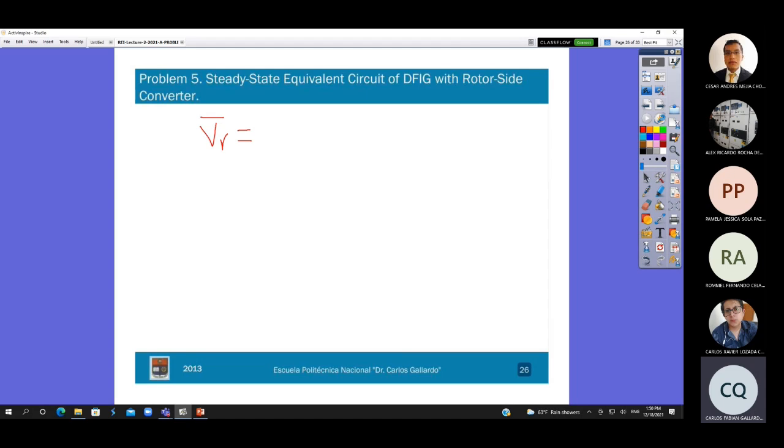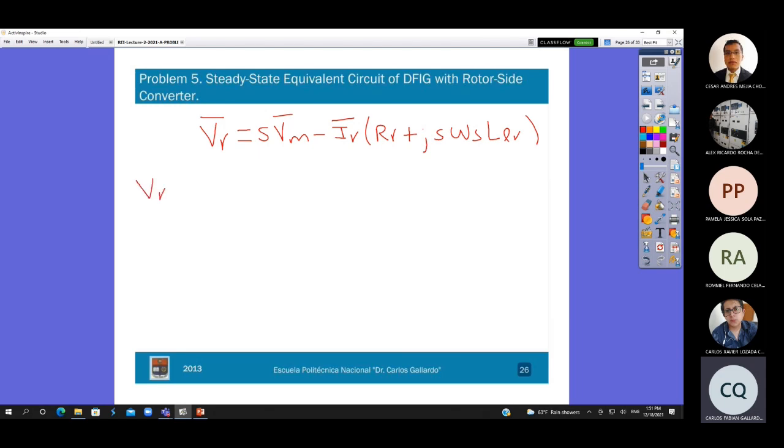We have already demonstrated this equation: the slip times the magnetizing voltage minus the rotor current times the rotor resistance plus j times the slip times the stator speed times the rotor leakage inductance.